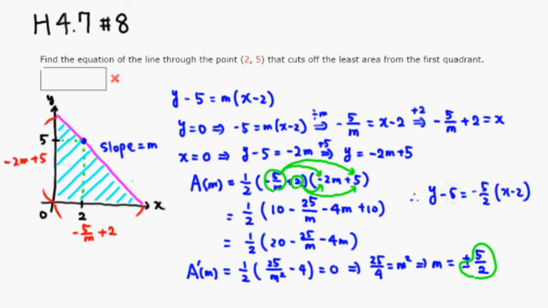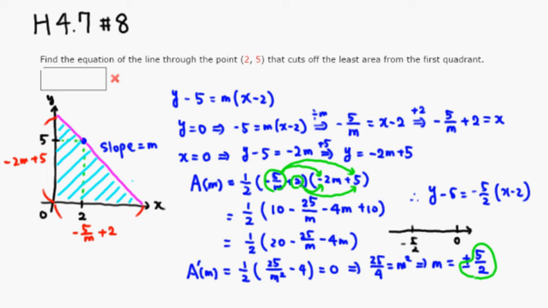Let's make sure that this is going to be the minimum. If you look at the derivative, I'll do a small number line here, with 0 and -5/2.